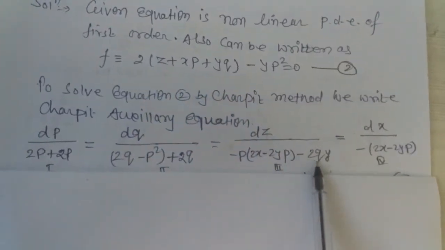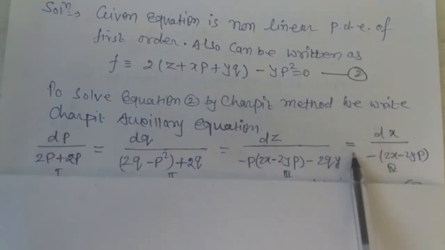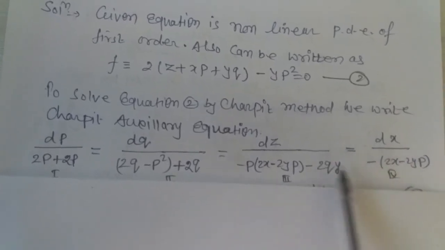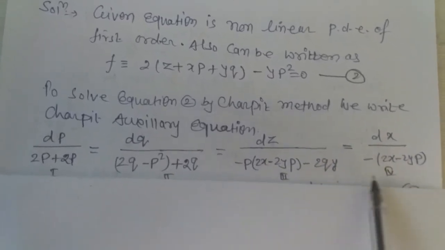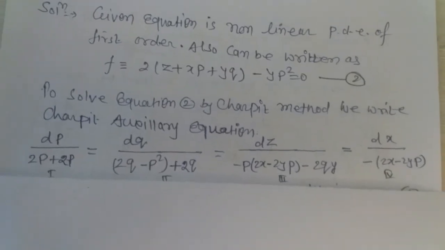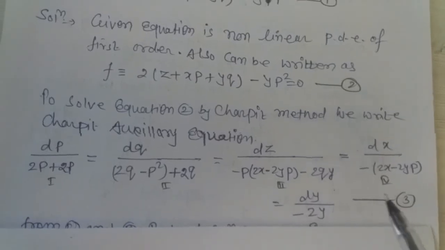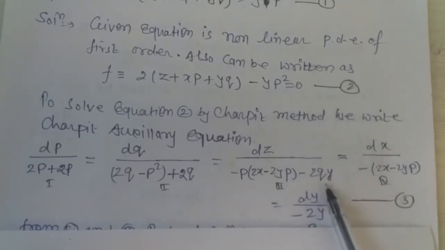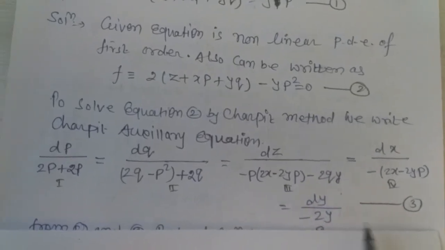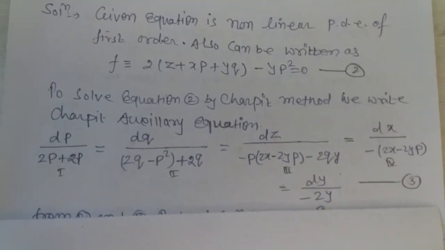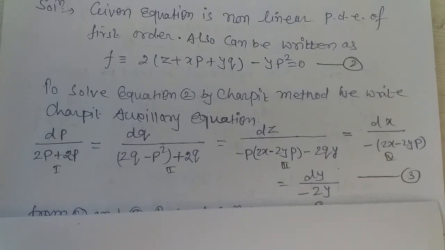So we get minus 2qy, equal to dx upon minus del f by del p, equal to dy upon minus del f by del q. So del f by del q is 2y. So this is the Charpit auxiliary equation corresponding to the given equation.